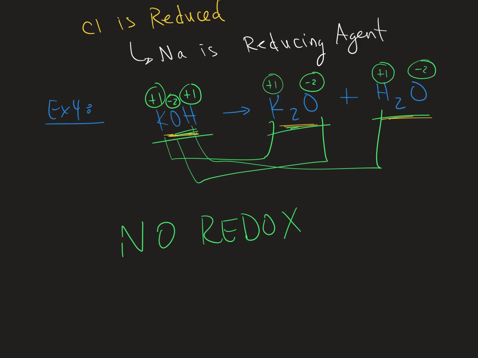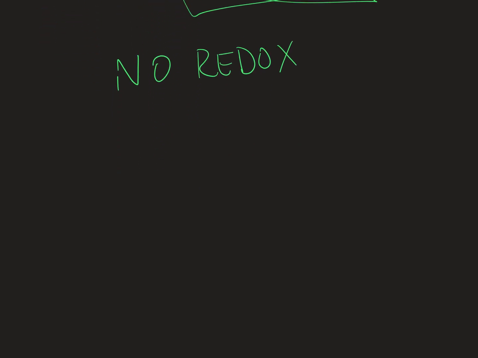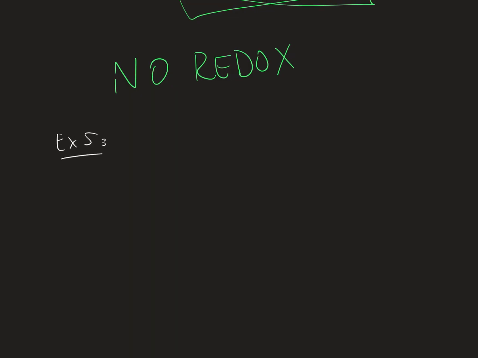Another one? Okay. Example 5. SO2 plus oxygen gives us SO3. This time we don't have any ionic compounds, but this is a synthesis reaction, so most likely it's an oxidation reduction, right?